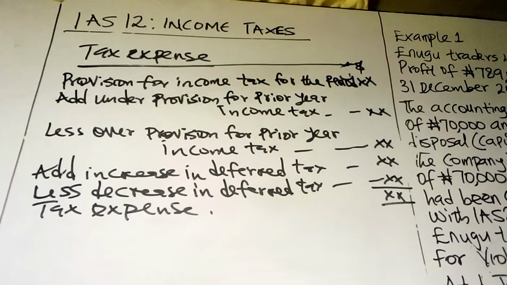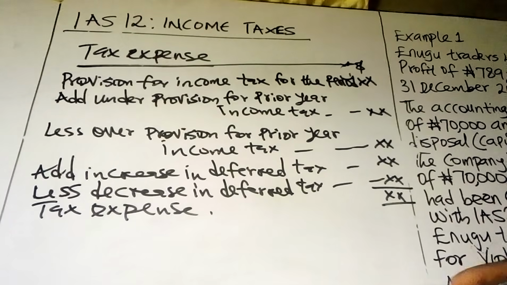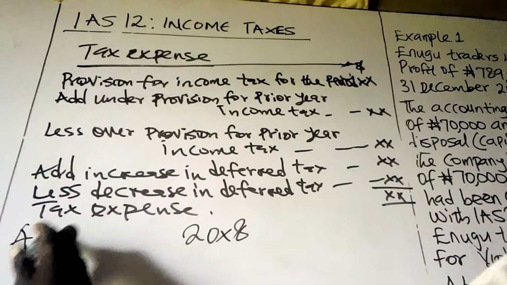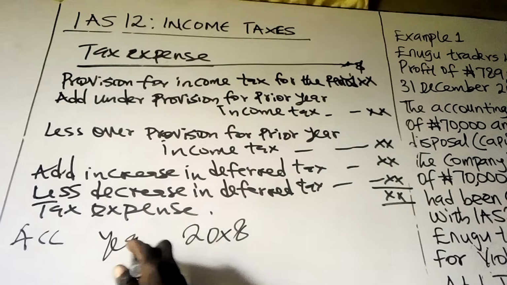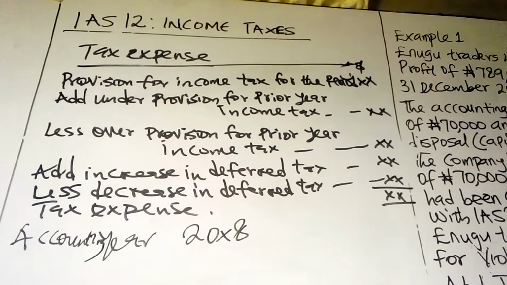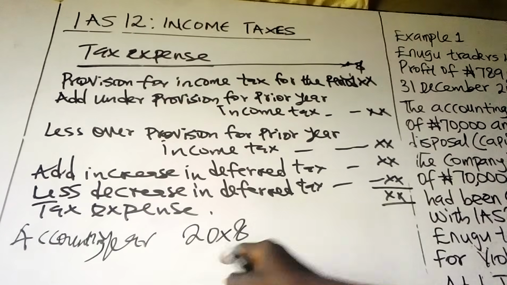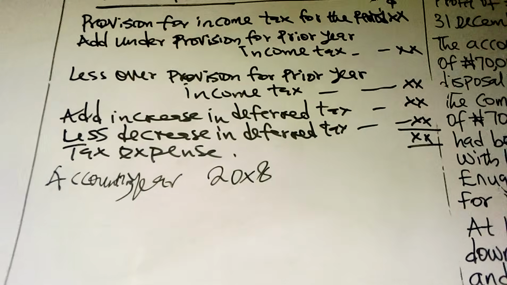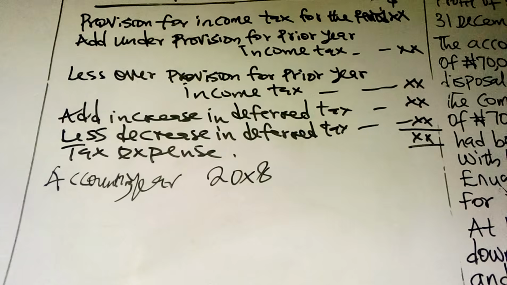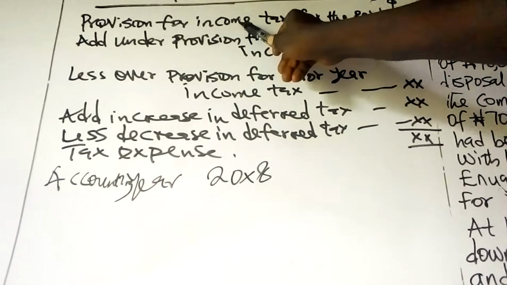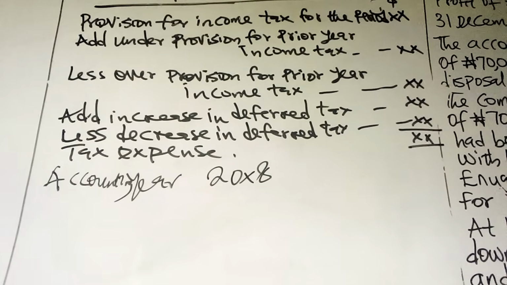Now, if you want to compute the amount of tax that will be expensed in 20x8, the accounting year is 20x8. The previous year, the year preceding 20x8, is 20x7. For 20x8, you make provision for tax for that year.